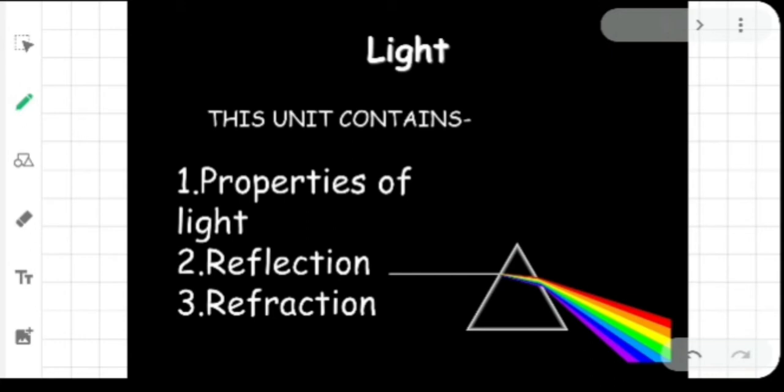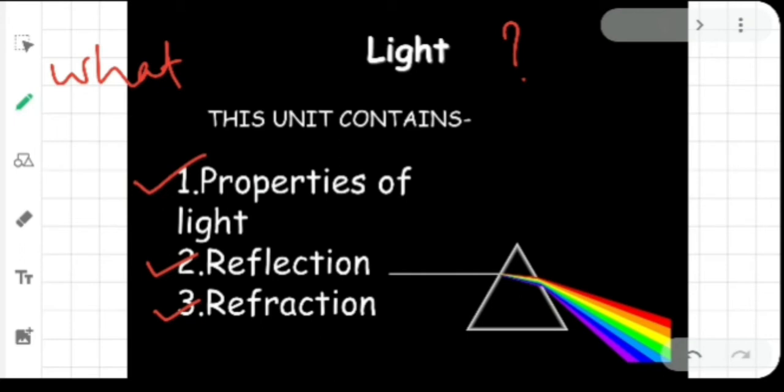We are going to cover three concepts: the first about the properties of light, the second about reflection, and the third about refraction. We will study what light is, then the features and nature of light, and finally the reflection and refraction phenomena.